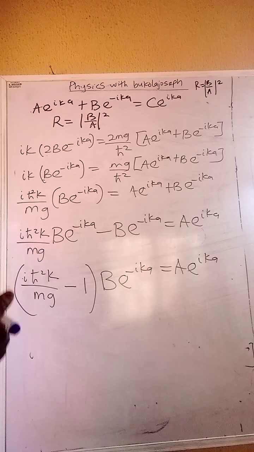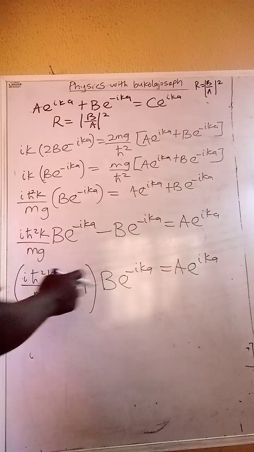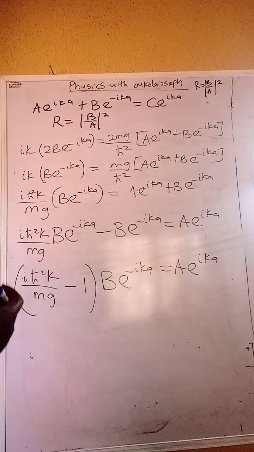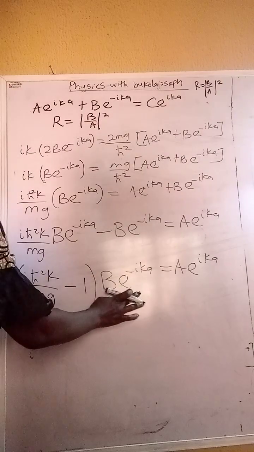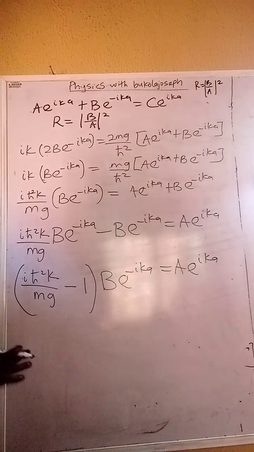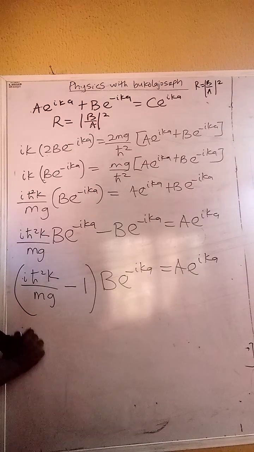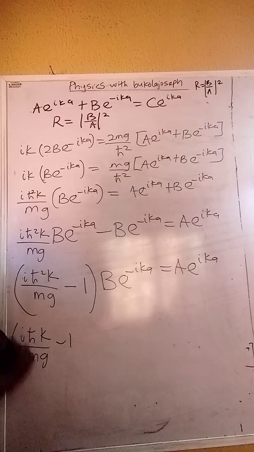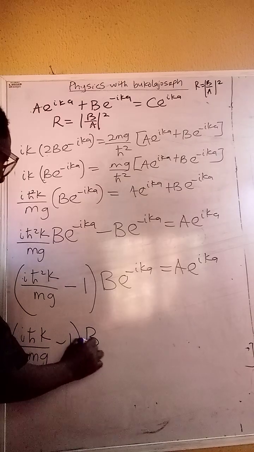Let's multiply both sides by exponential. We want to eliminate this exponential on this side, so we multiply both sides by the conjugate of this exponential, that is multiplied by the positive. So it gives us, we have i h cross k over mg minus 1 into b.